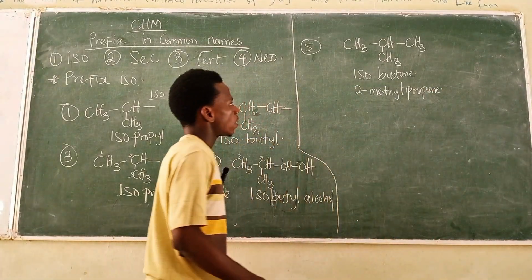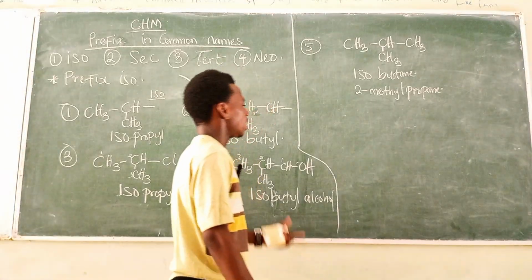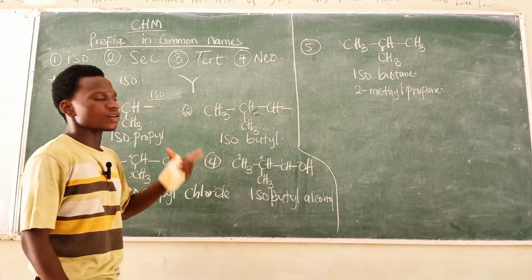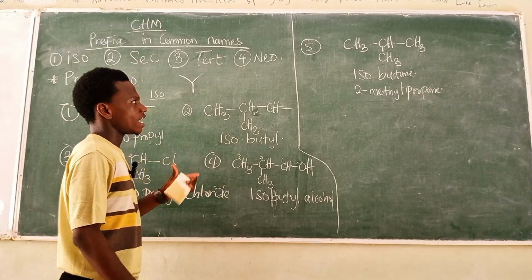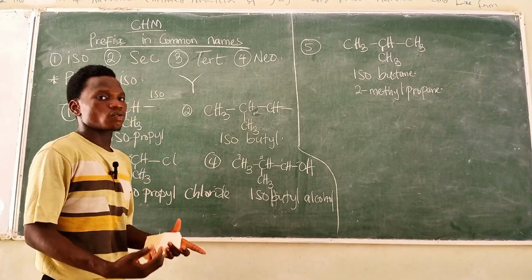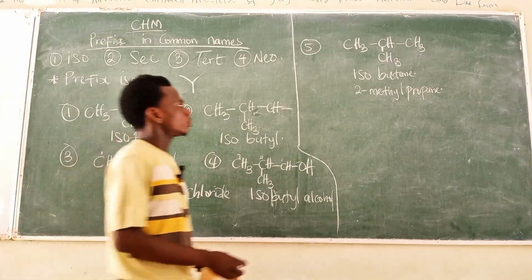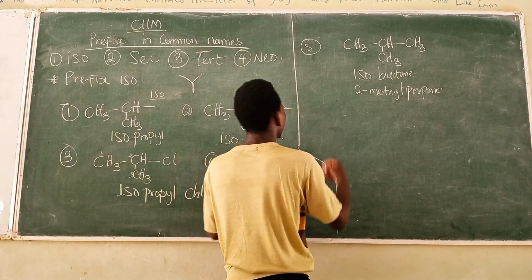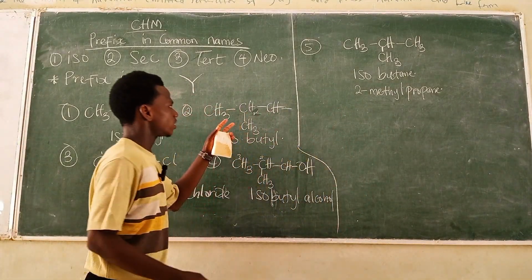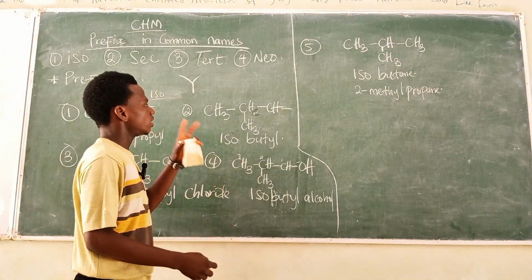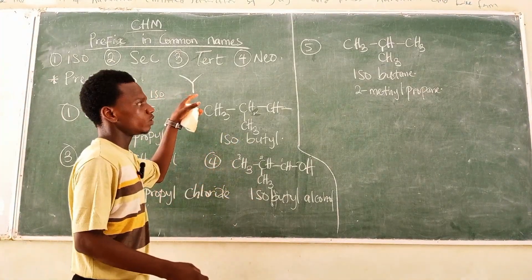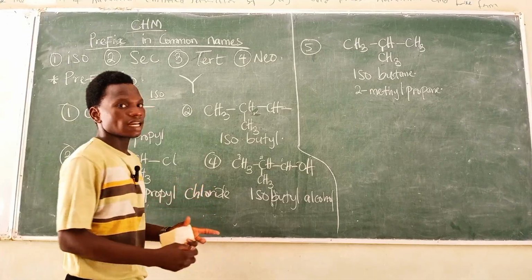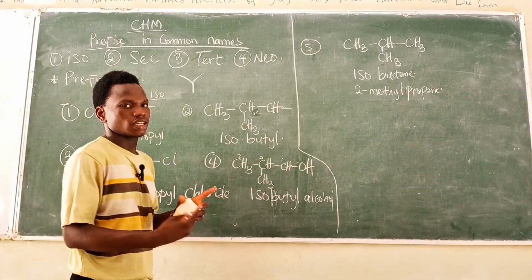So that is how you are able to identify and name organic compounds using the prefix iso: isobutyl, isopentyl, isopropyl, any one that you use. Being able to identify that the CH3 is bonding to the second to the last carbon, which is giving you the Y shape, is a key logic on how you can name organic compounds using the prefix iso.